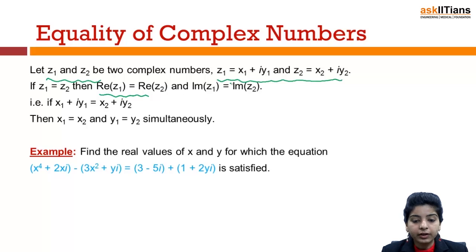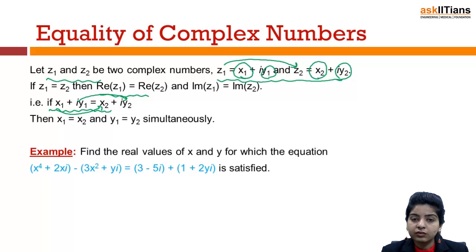That is quite obvious, right? If z1 equals z2, that would mean x1 plus iota y1 is equal to x2 plus iota y2, so x1 equals x2 and y1 equals y2 simultaneously, right?